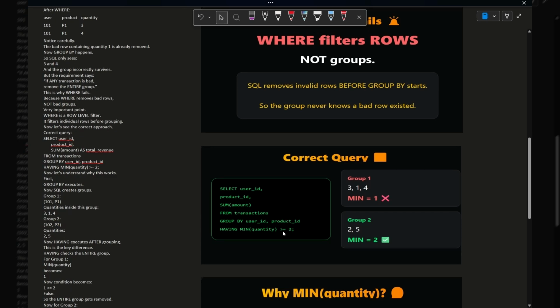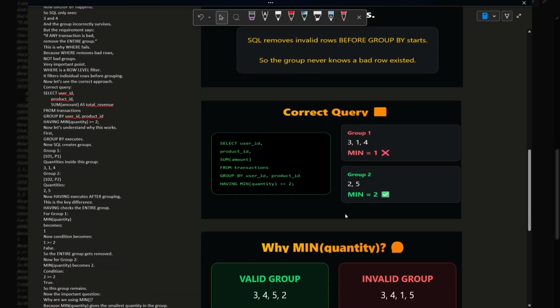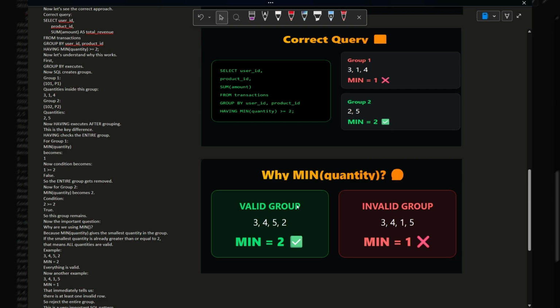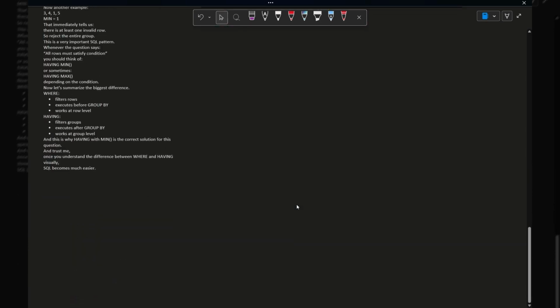The correct query uses HAVING with the minimum of quantity greater than or equal to 2. In group 1 the minimum would be 1, which does not satisfy the condition, so it fails, and group 2 passes as a valid group.